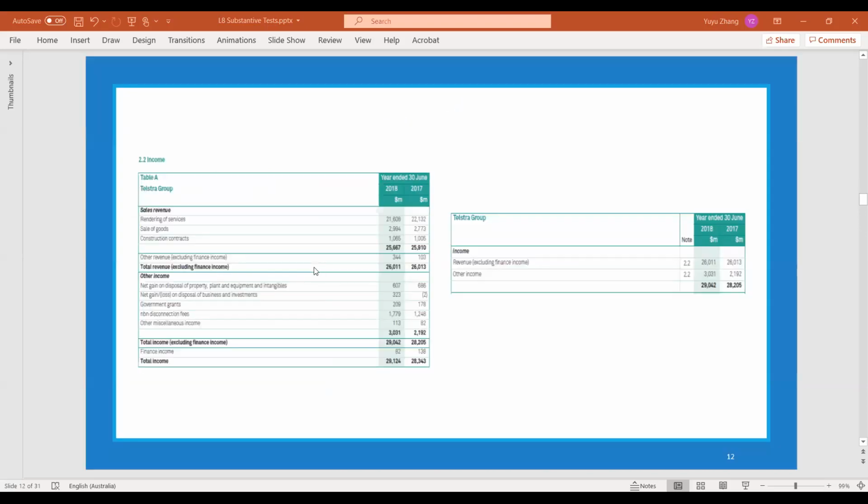So for the sales cycle, what were the procedures for us to start when we want to audit the sales cycle accounts? The first thing usually we need to do is understand the business, right? So understand the business in the sales cycle, that means you need to understand the key sales procedures in the sales cycle.